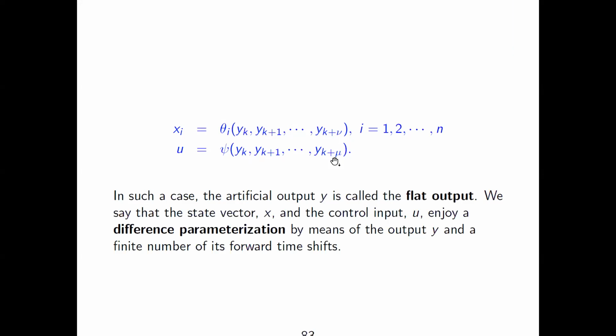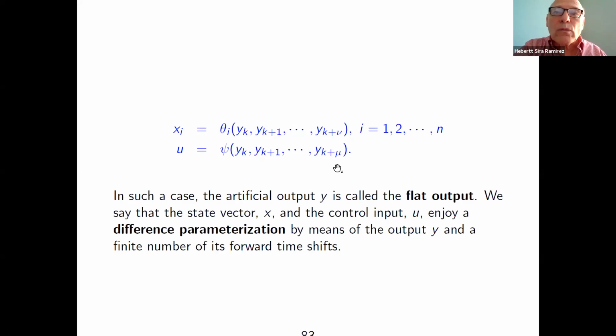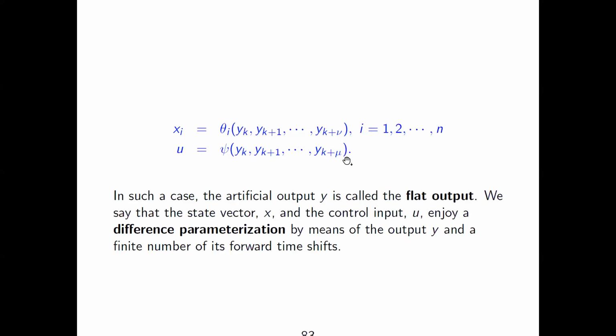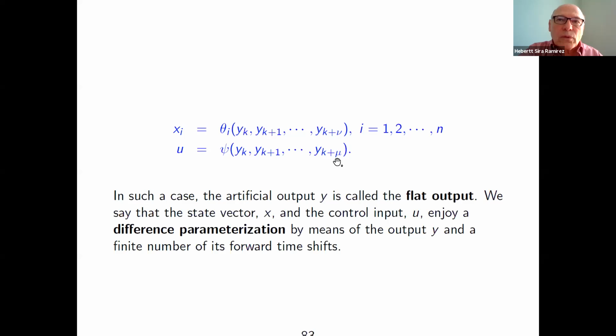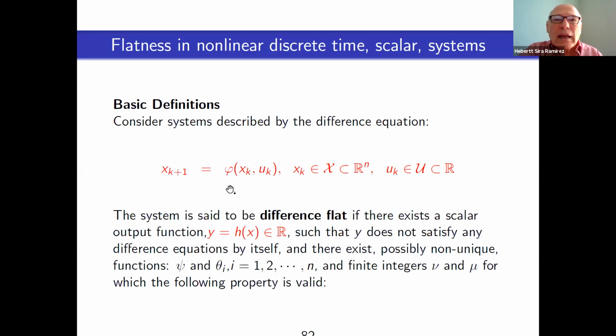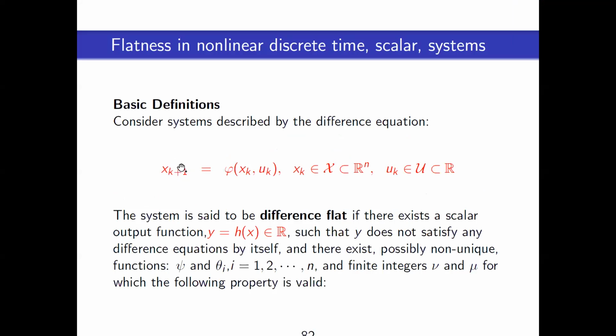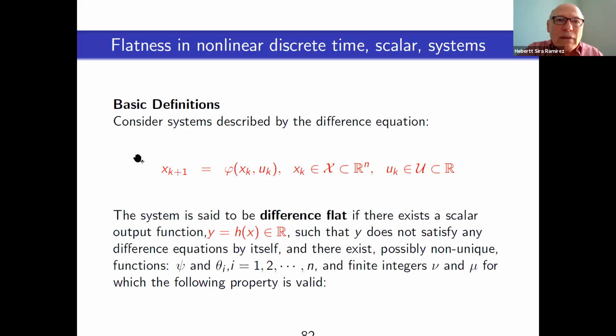For us, in a restricted sense, but one which is very useful for examples, the control parameterization will have just one more advance than the state parameterization. And that should be clear from this equation. You see, the state evolution has one difference in time with respect to the control. So whatever parameterizes the states can be put here and in here.